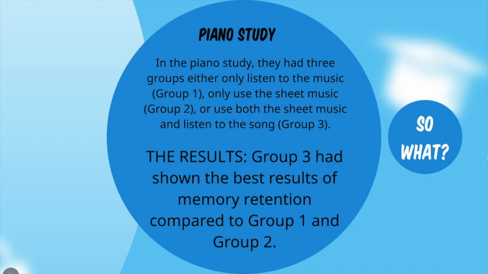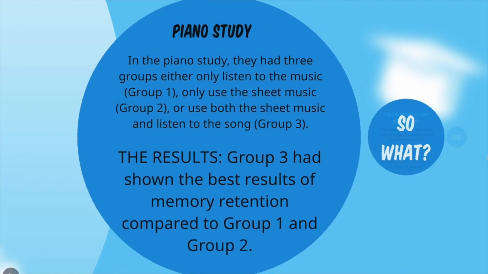The first listened to the music only, the second only used sheet music, and the third group used both the sheet music and listened to the song. The result was that group 3 showed the best memory retention compared to groups 1 and 2. And you may be wondering, how does that relate to math?